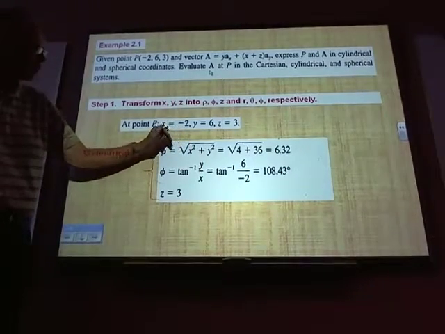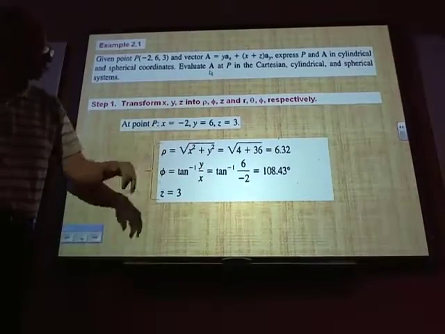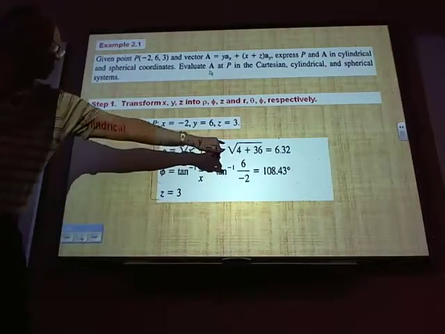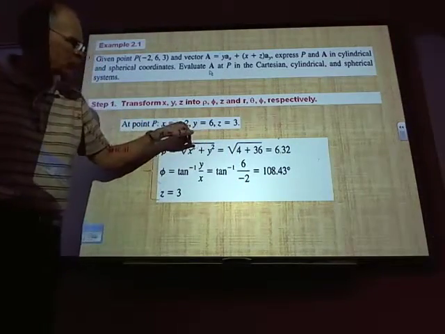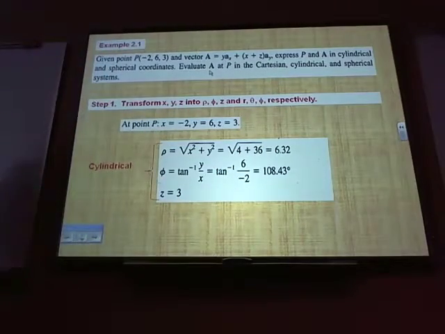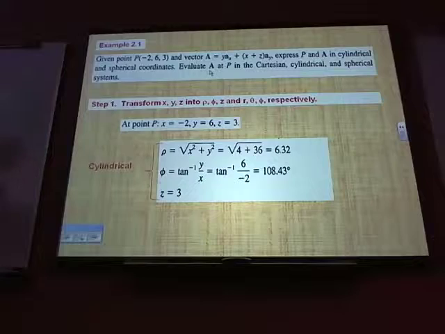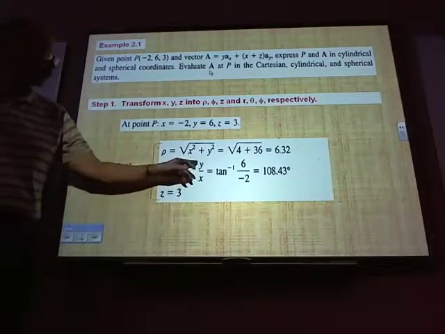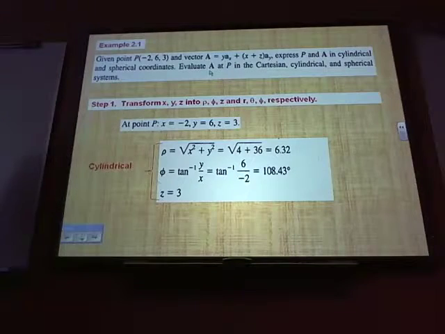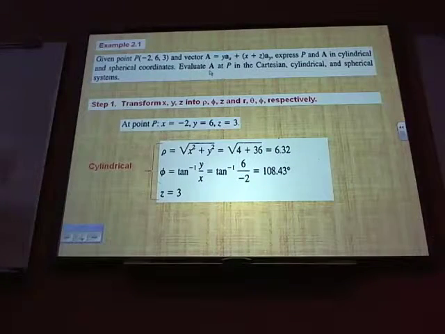We take those values and square them: minus 2 squared, my 6 squared, and there's my value, 6.32. Now my angle phi I get by taking the inverse tangent of y over x, and it's equal to 180 degrees.